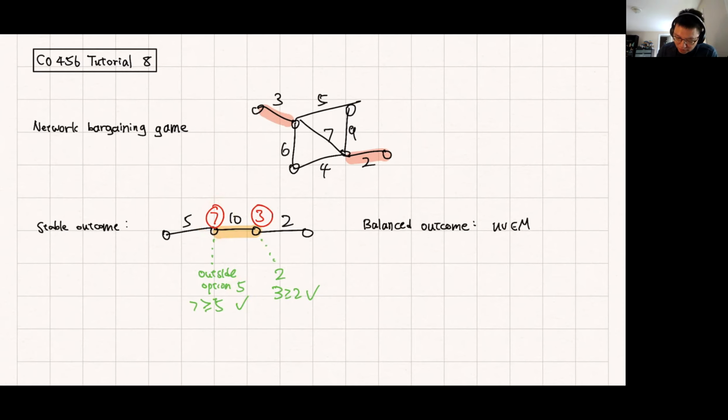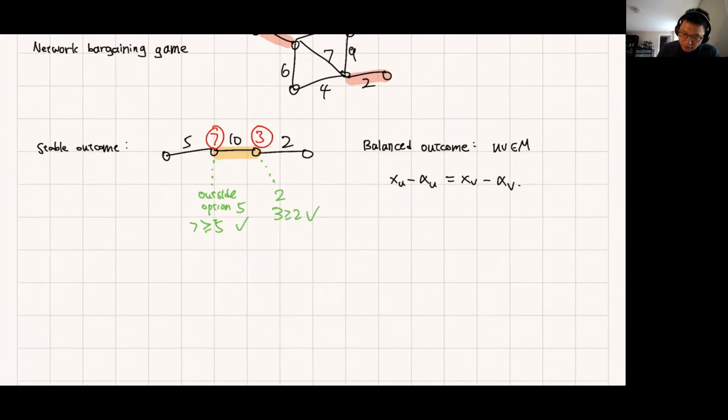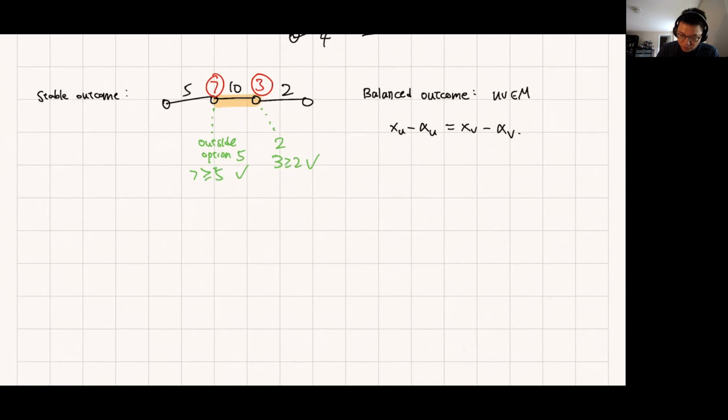So the equation here is xu minus alpha u, the outside option for u, is equal to xv minus alpha v, the outside option for v. That is what happens in a balanced outcome.